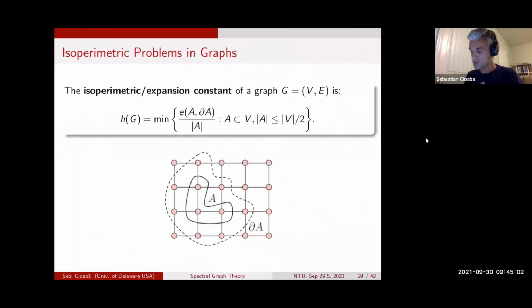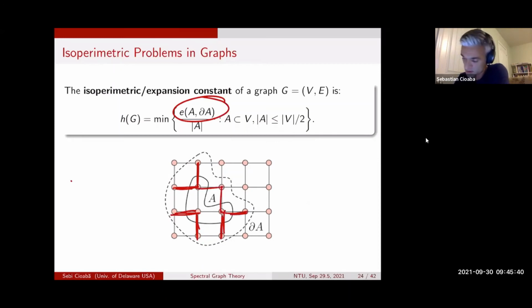Okay, so let me quickly tell you about a few more things. I don't think I'll go through the slides. I had a big plan, but one is about a place where eigenvalues have been used with great success, which is the theory of expander graphs. The notion of expansion of a graph is the following. You go over all subsets of vertices, like here you have 3 vertices in A, and you count this parameter here, E of A and partial of A, which counts the number of edges that go between A and its exterior.